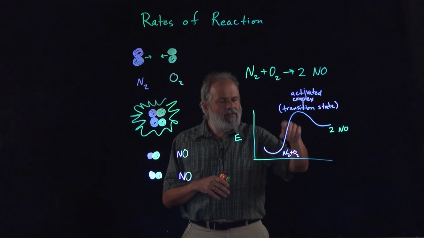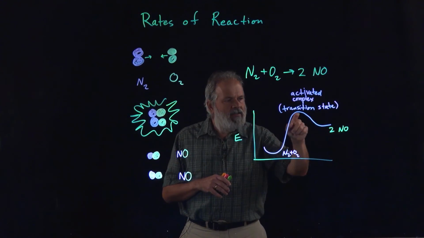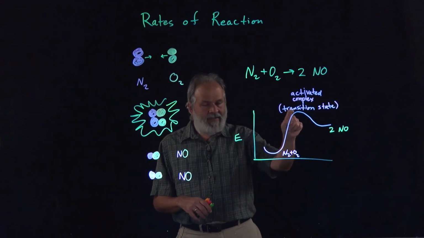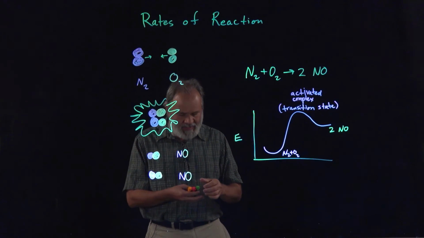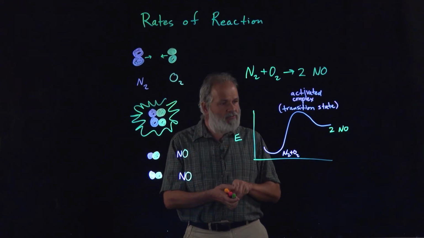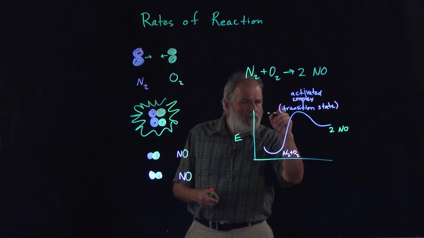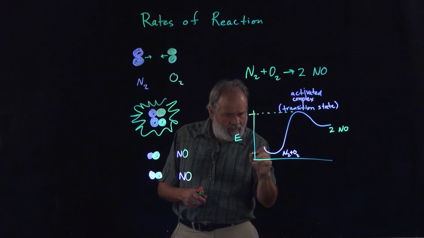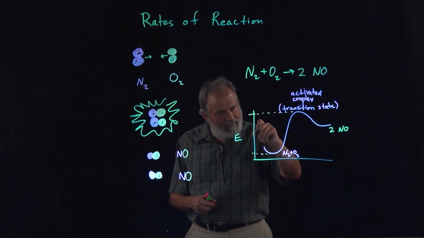This energy requirement between the bottom and the highest point is called the activation energy. All right, so let's draw that. This difference here between that energy and the lowest energy is called the activation energy.